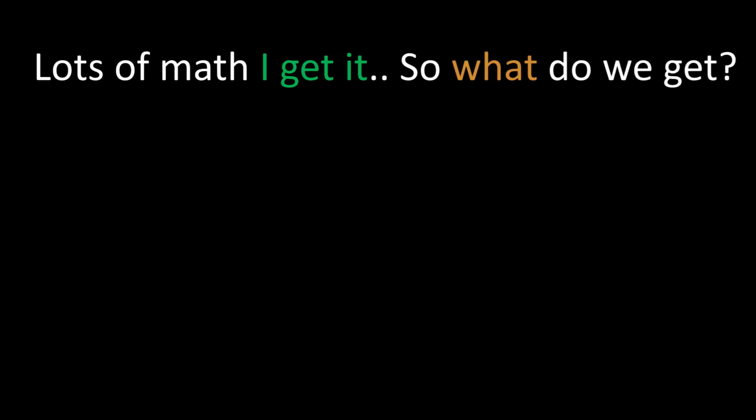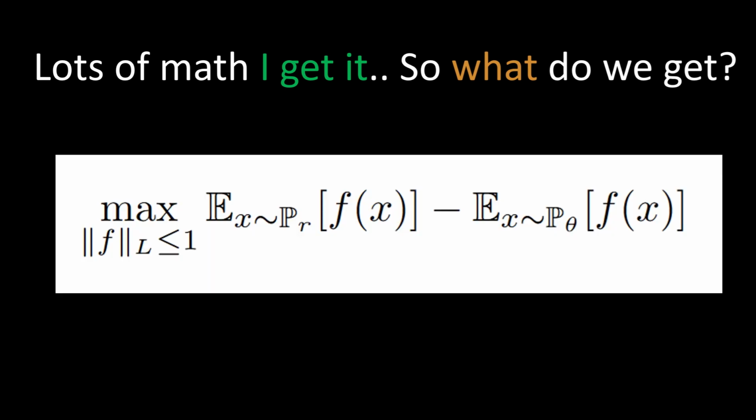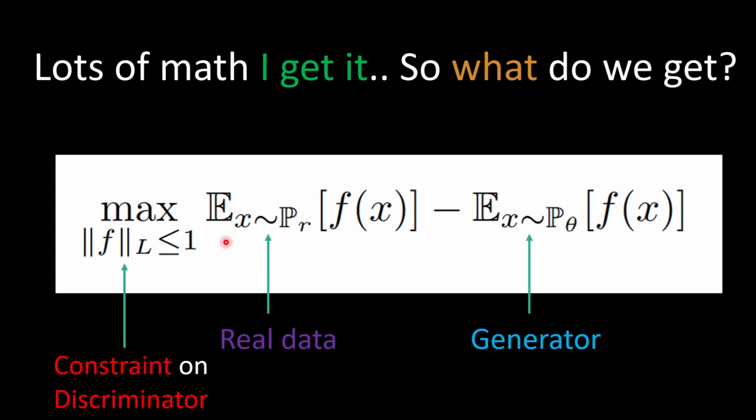All right, so what do we actually get for the results from WGAN? Drum roll, please. And what we get is this expression right here. So here we have that x comes from some real probability distribution, so x is just a real image, and then we take f of that x, and f in this case is the discriminator, but they've actually changed the name from discriminator to critic in this paper.